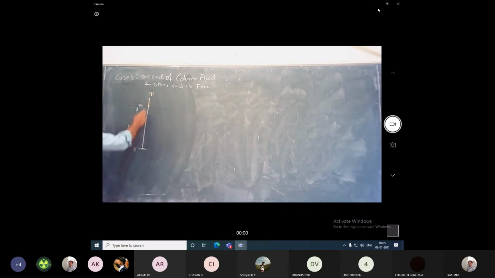After applying this load, the column is deflected with respect to the support. The deflection of the column happens like this. So this yellow part shows the deflection of the column.